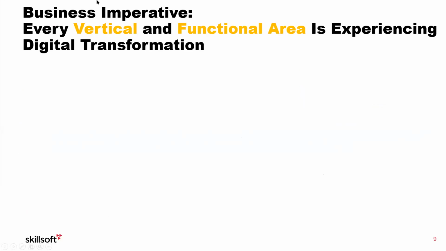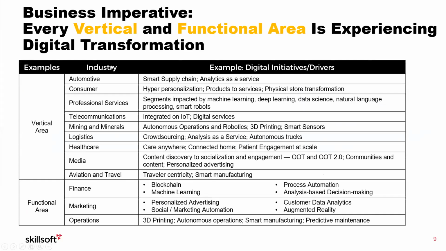The fact is that it's having an impact on every vertical and every functional area right now. If we look at just the vertical areas, you've got the automotive industry, consumer, professional services, telco, mining and minerals, logistics, healthcare, media and aviation.